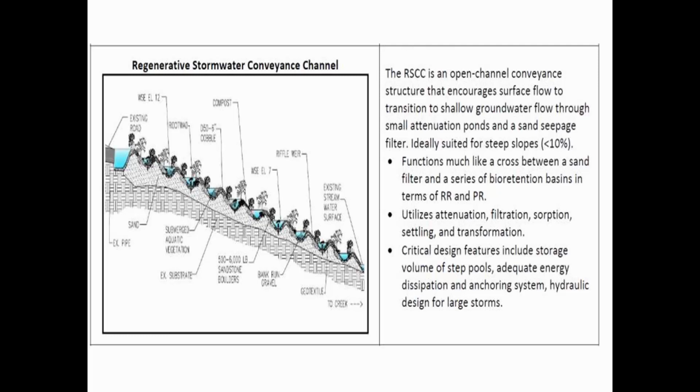If you think our whole objective here is to delay how quickly the water can move from one spot to another, this was a relatively steep channel to begin with, and so the water would have been very shallow and moving quickly over that surface. There's probably a good chance of scour of whatever the material was. And so the idea here is that you build up a series of smaller pools, each of which have to fill before there's any movement towards the creek. So that really reduces the damage to the surface for steep slopes.